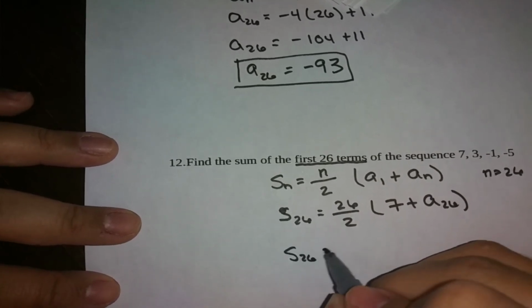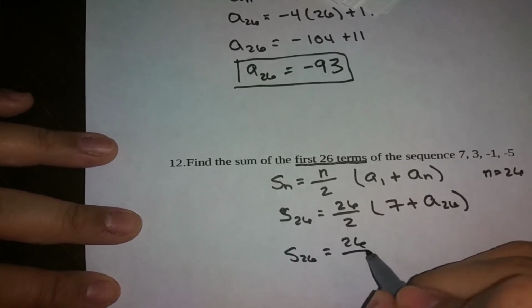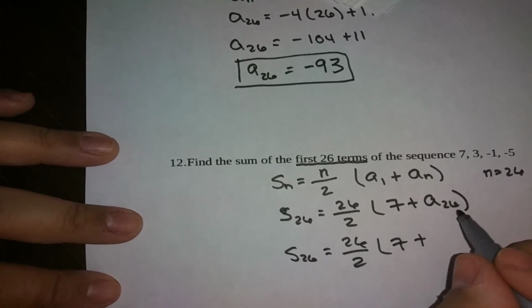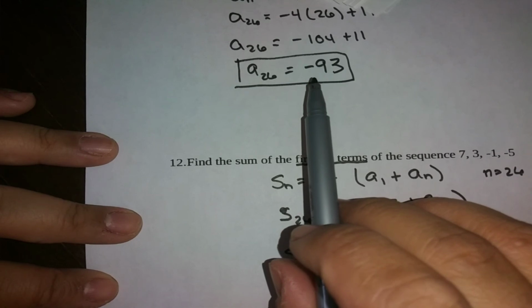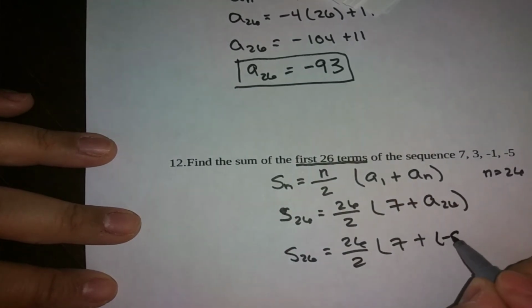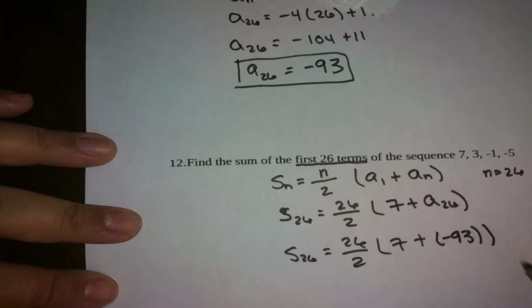And I'm just going to substitute this in so that we can see what we're looking at. So when I rewrite this, 11 plus my a sub 26, I already found that up here. So a sub 26 is negative 89.